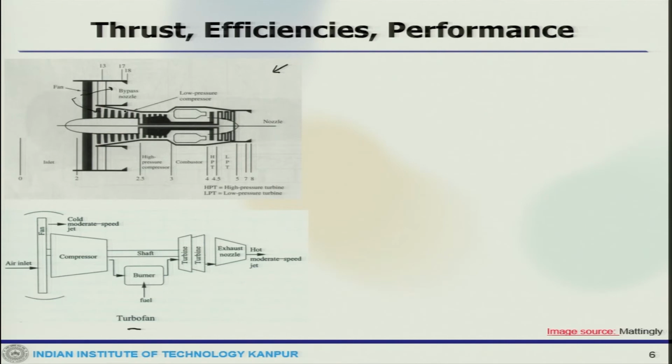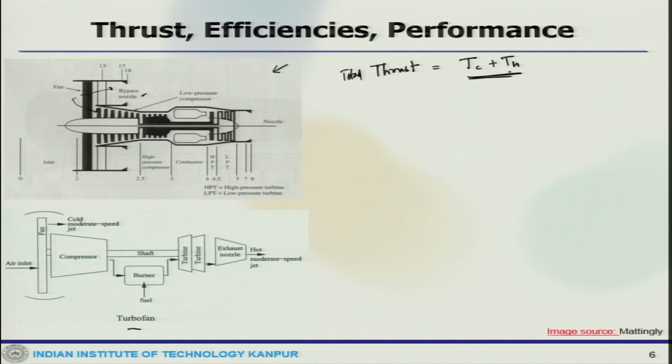The one which passes through the core goes through the rest of the gas generator components, which are the low pressure and high pressure compressors, combustor, HPT, LPT and the nozzle. So, the total thrust has two components: the thrust due to cold or bypass, and the thrust due to hot.